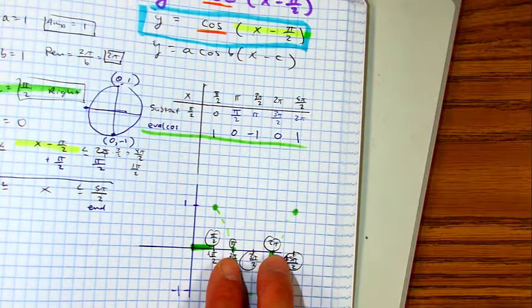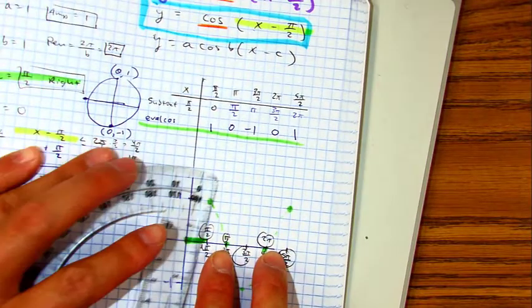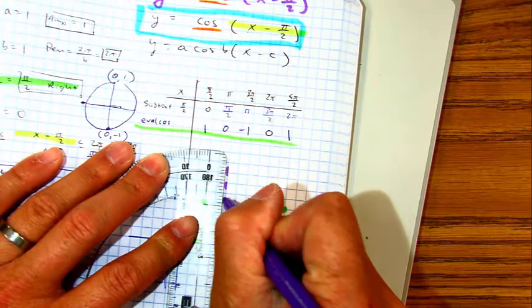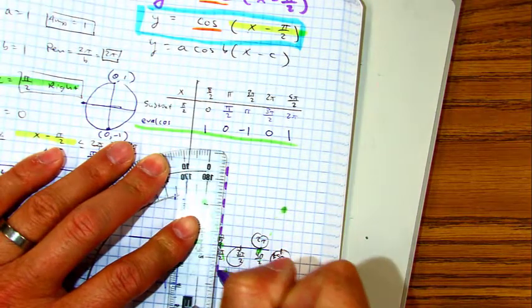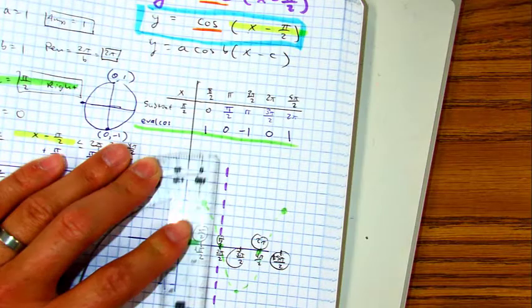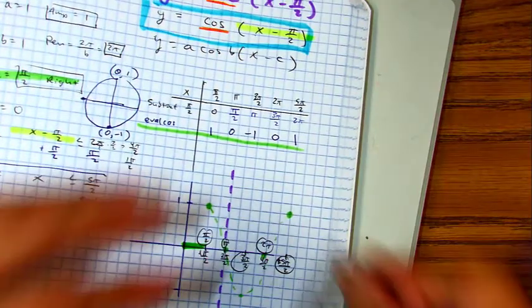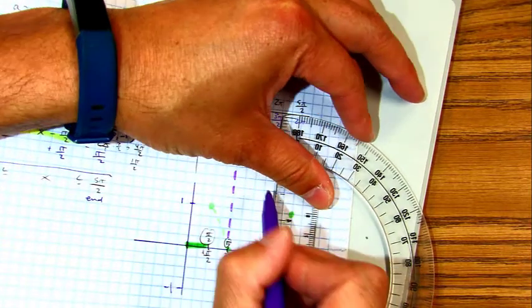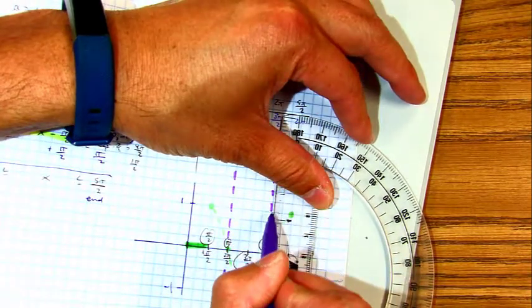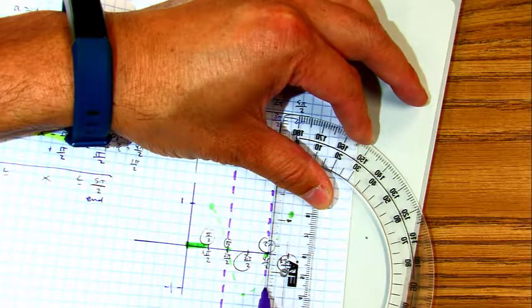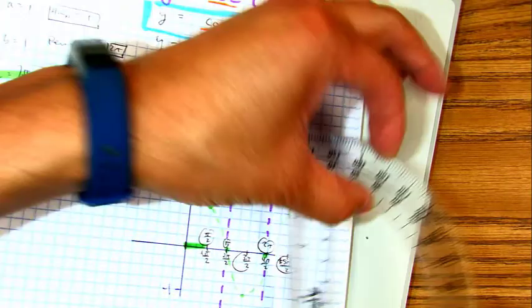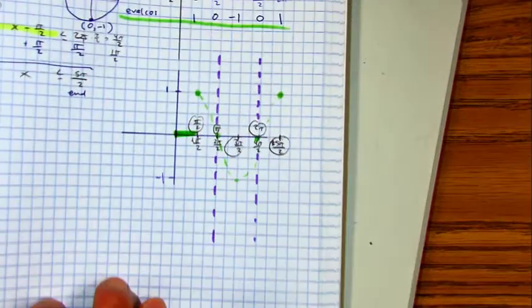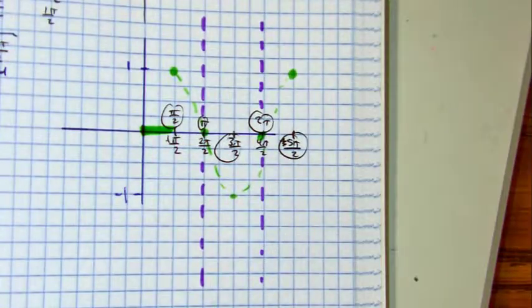So right there, we're going to put our 2 vertical asymptotes. Alright, the other person, tell them what's the next step.